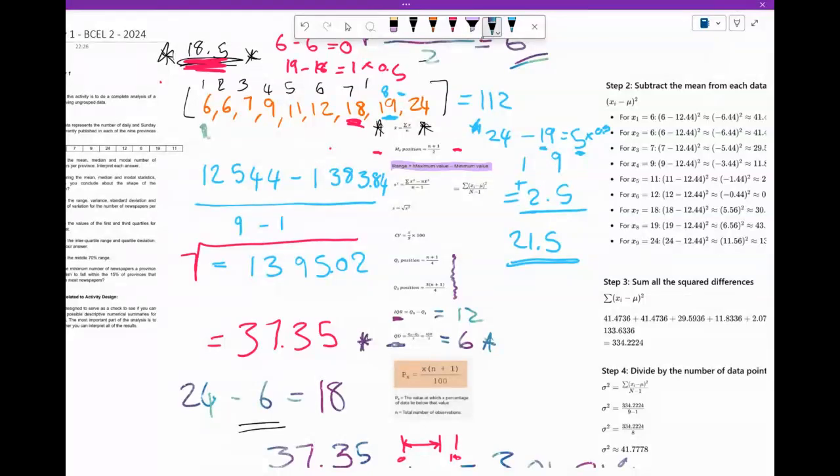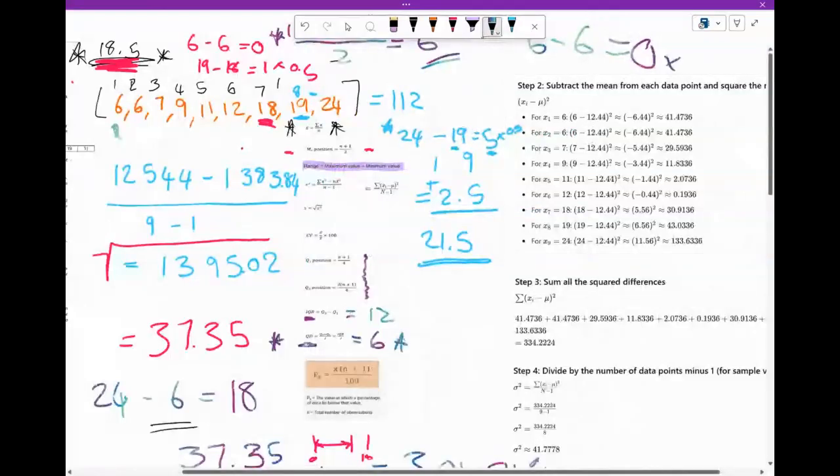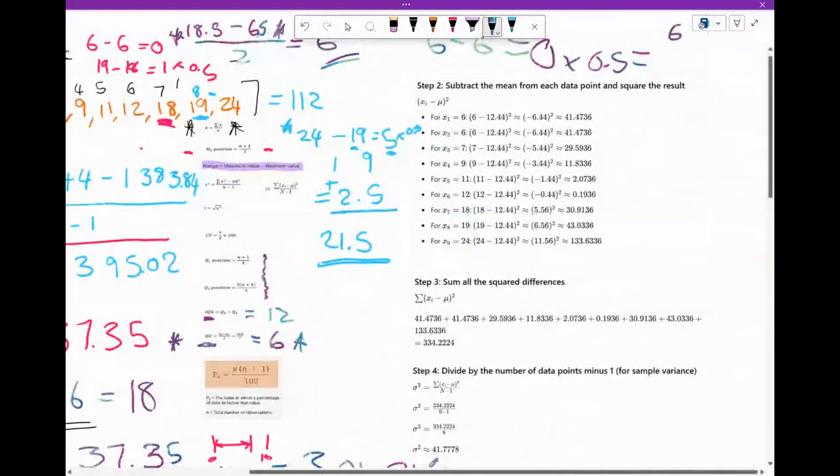So we're saying 6, which is the next value, minus 6, which is the value that we've selected, with the 1, in this instance, gives us 0. So since we have 0, we can still say times 0.5, which gives us 0. So we have nothing to add to the initial value that we've selected, which is 6. Because remember, we say 6 plus what we have calculated will then give us the value that we want for 0.5. Everybody happy with that first one?